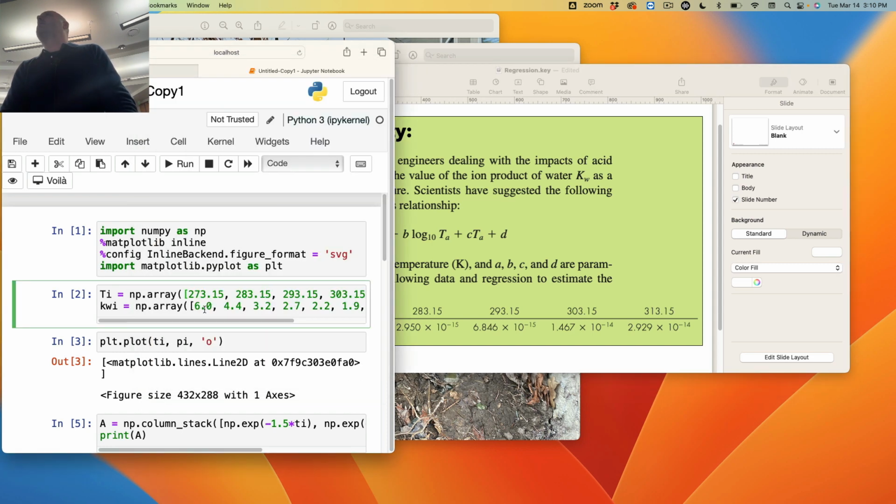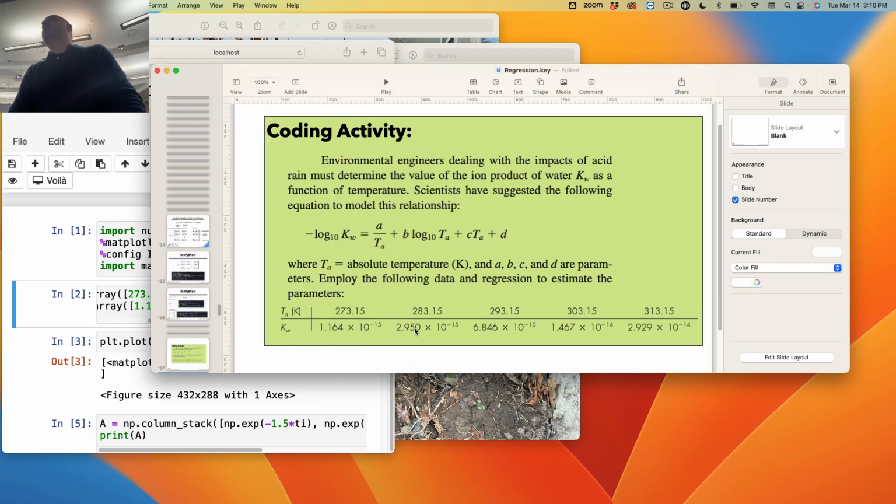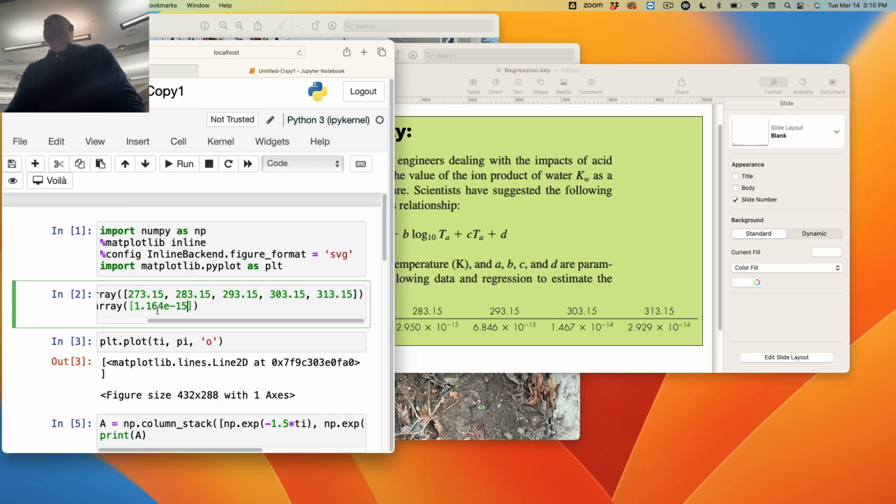And the Kw values: 1.164 e to the minus 15. It's a very small number. Then 2.950 e to the minus 15. I could multiply the whole thing by e to the minus 15, but it's okay.